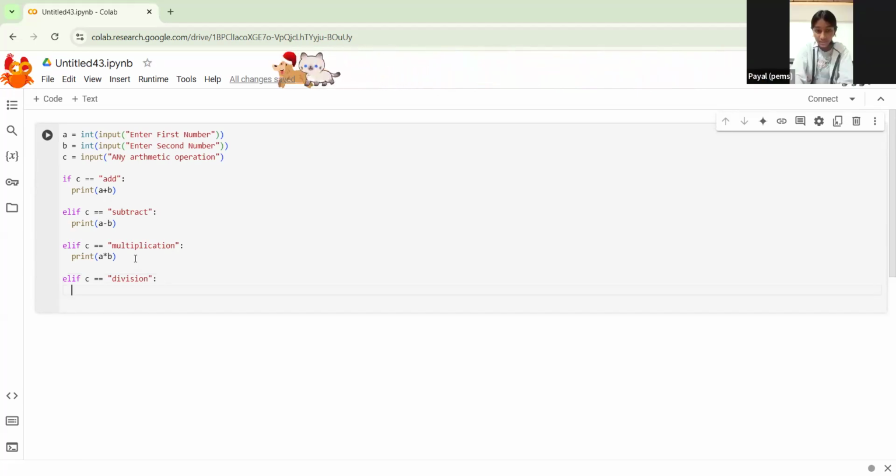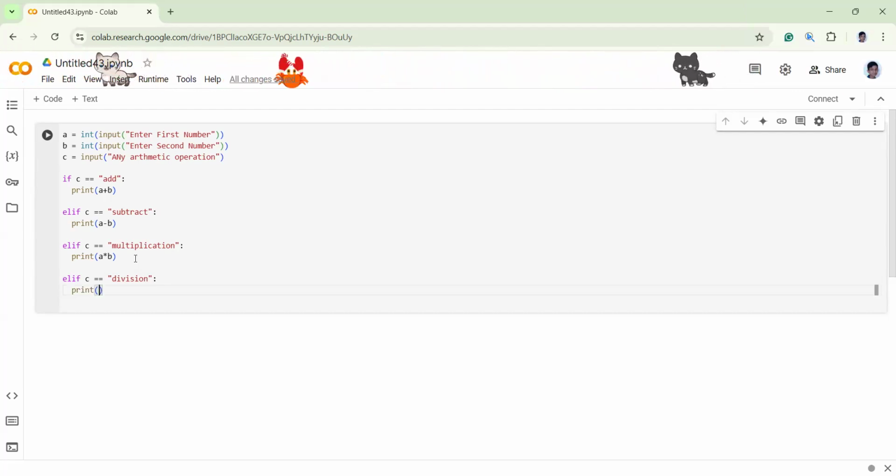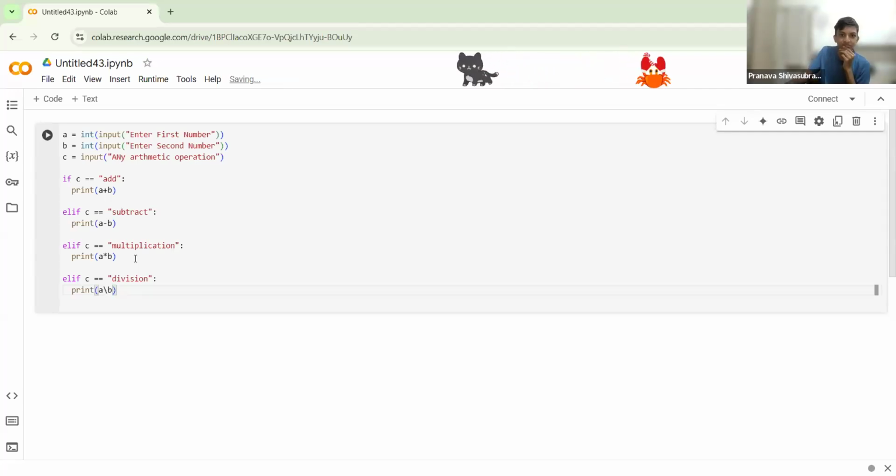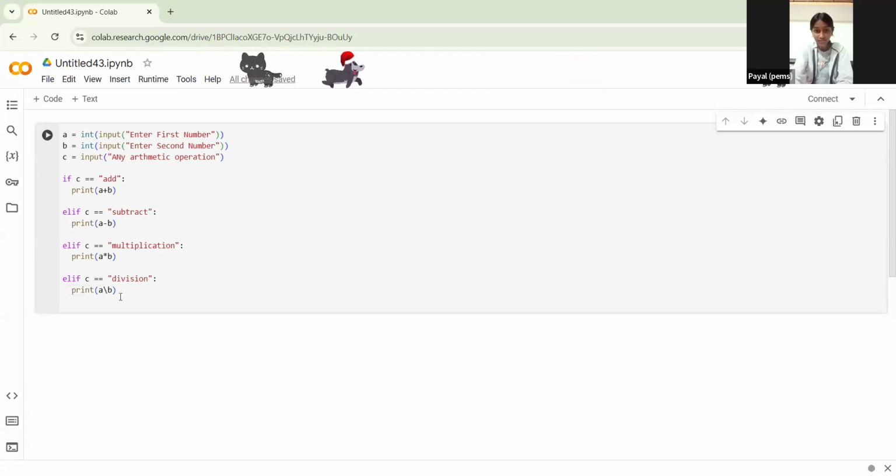Next cell, print, parenthesis, A slash B. Is the slash correct?